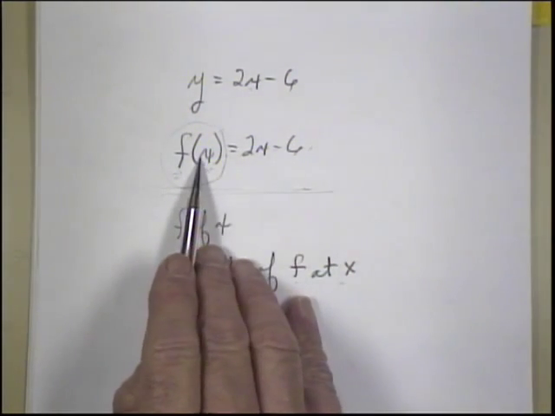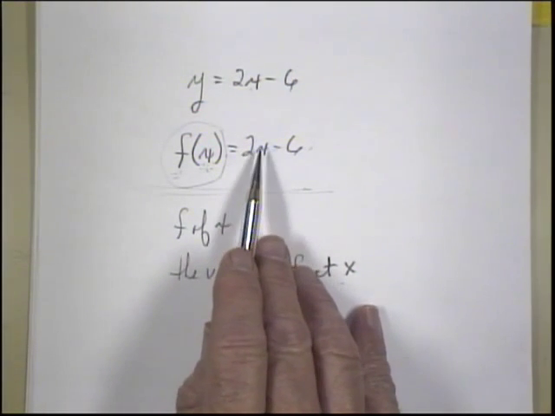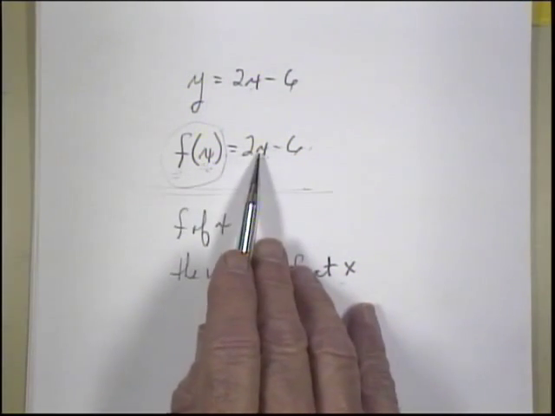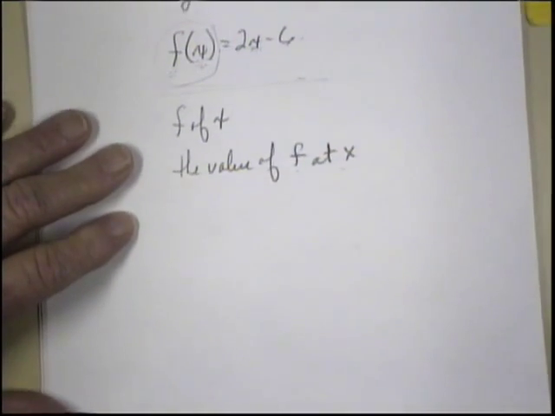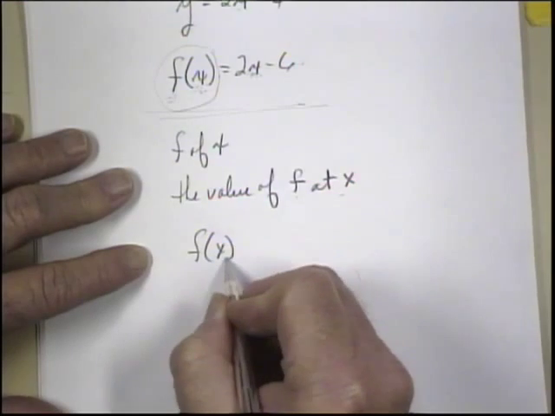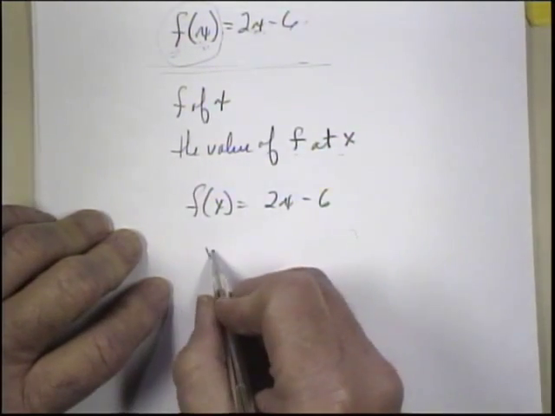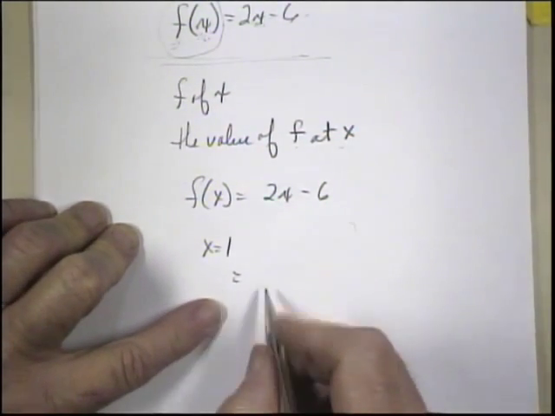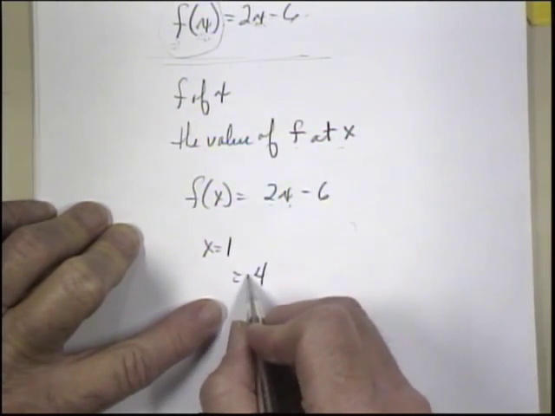There can only be one value when x is a given number, and to find that value, you plug in the value for x. So let's do that. f of x equals 2x minus 6. For x equals 1, f of x is going to equal 2 times 1 minus 6, or minus 4.